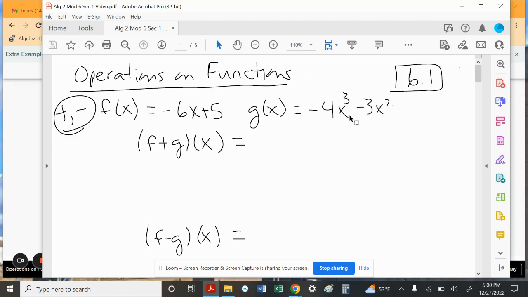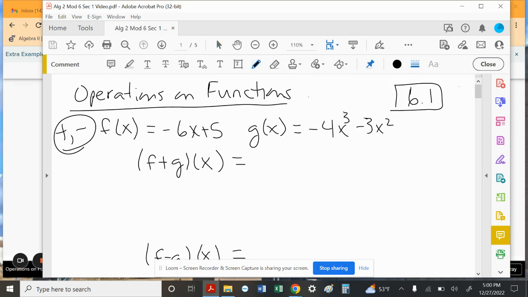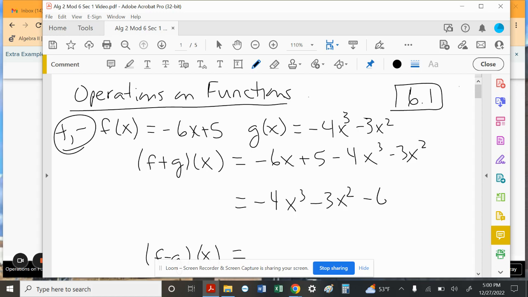So we're going to rewrite this as negative 6x plus 5 minus 4x cubed minus 3x squared. So it's just like problems we've done before. Just put them in the right order. So we have negative 4x cubed minus 3x squared minus 6x plus 5.